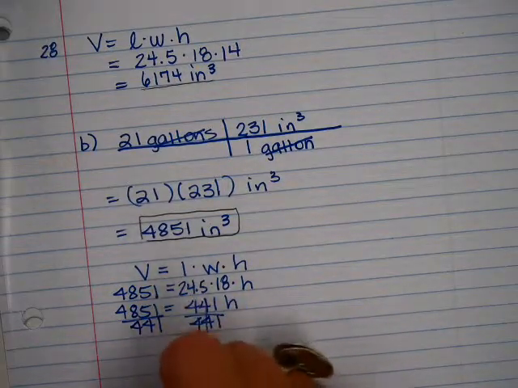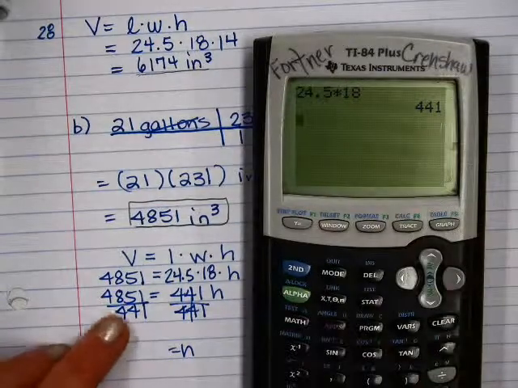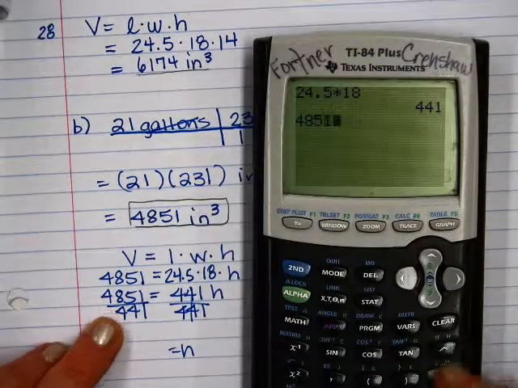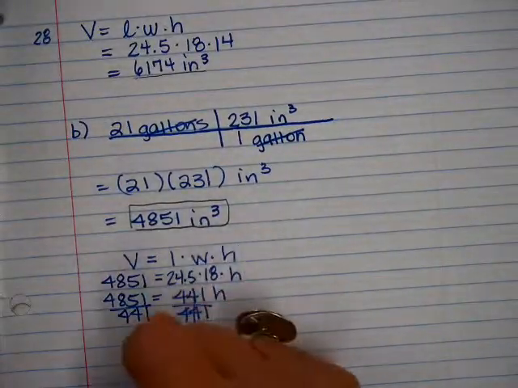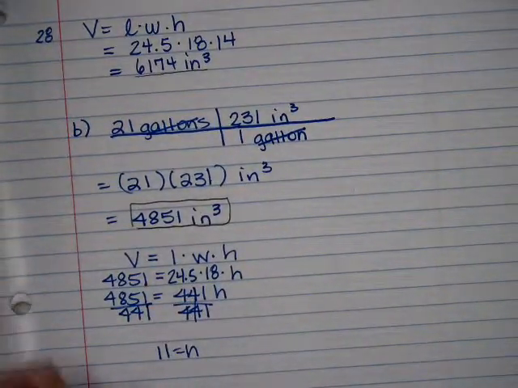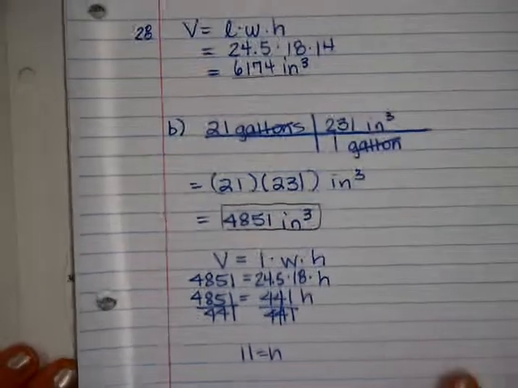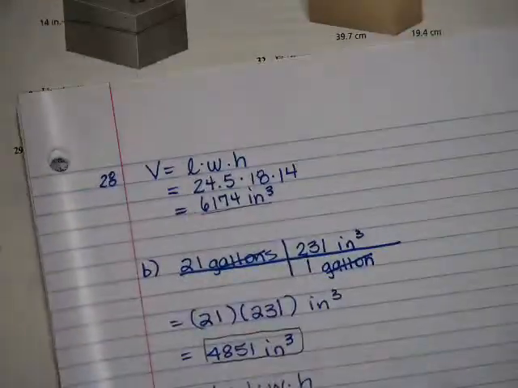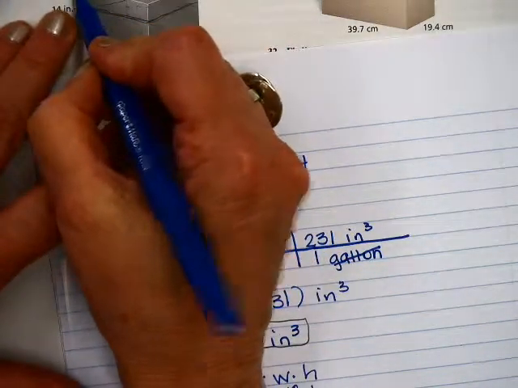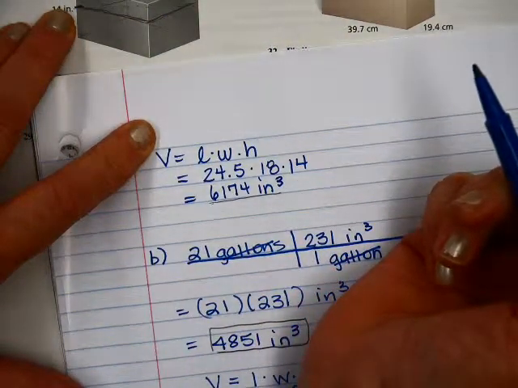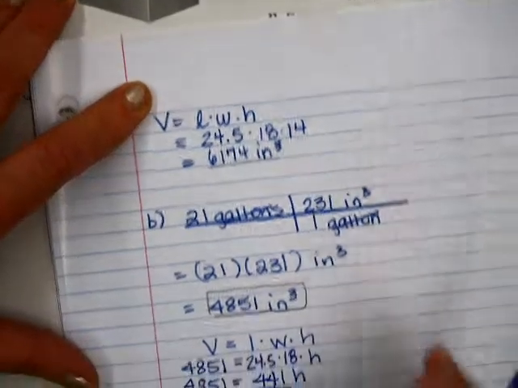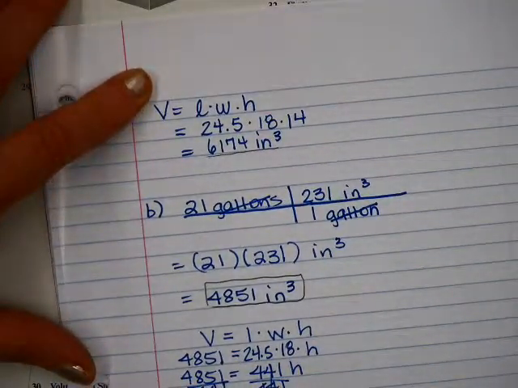So H is equal to 4,851 divided by 441, 11. It's going to fill it up 11 inches high. So let's look at my picture again. Okay, so it's 14 inches to here, and it's going to fill it up to 11 inches. So that's how high it's going to fill it. Does that make sense?